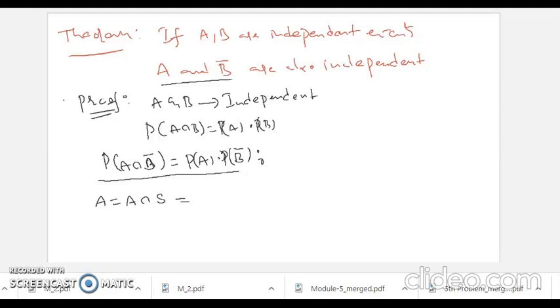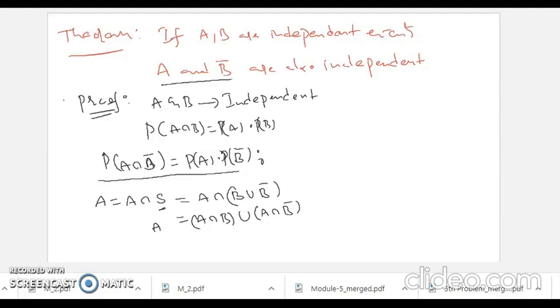From that we write A intersection, in place of S, we clearly write B union B bar, since a set and its complement union is also equal to the sample space. So we apply the distributive law: A intersection B union A intersection B bar.